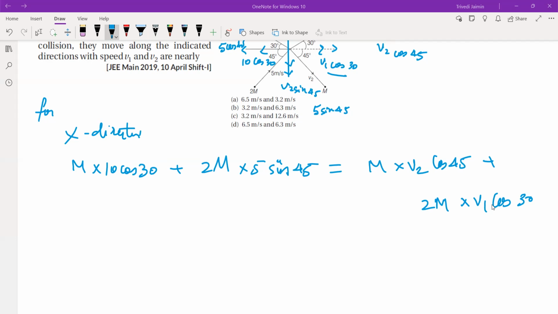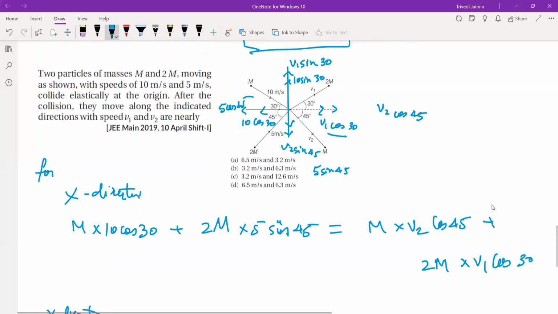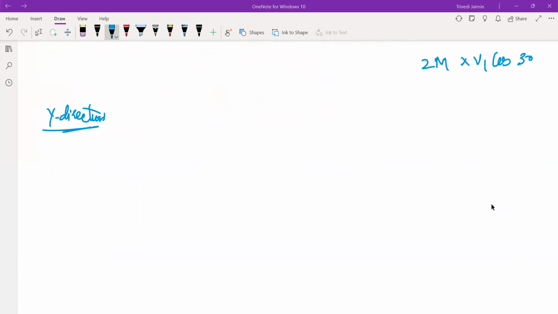Same thing you do for y direction also. You solve this for y direction. Let me just V1 sin 30, 10 sin 30, V2 sin 45, sin 45. Okay. So M into 10 sin 30, I'm sorry, sin 30.